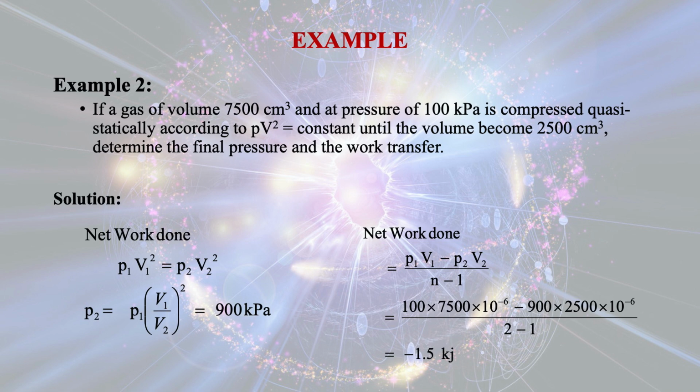So if you substitute all these values, you get the final work done, that is minus 1.5 kilojoule. Here you are getting minus because it is work done onto the system. That's why it is coming negative as per the sign convention, because we know very well that work done by the system is positive and work done onto the system is negative.